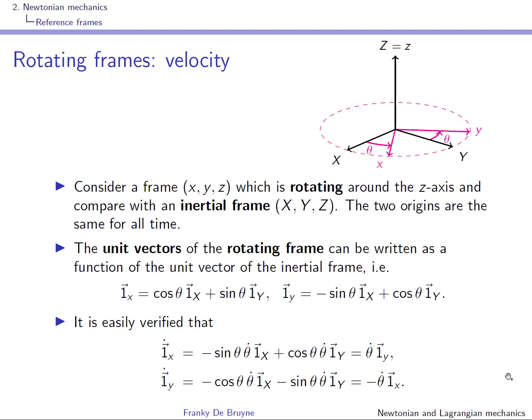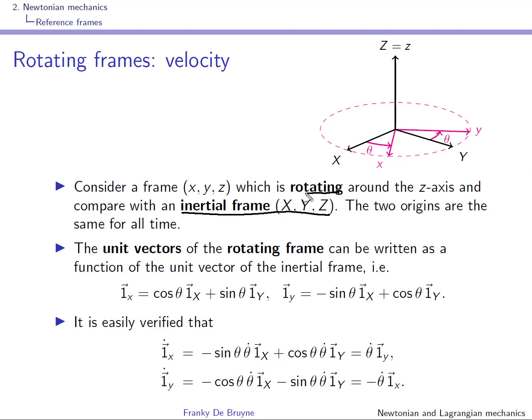Okay, let's see what happens with rotating frames. So we have two frames here, one which is inertial, XYZ in uppercase, so it's a fixed frame, and then you have another frame which is rotating.